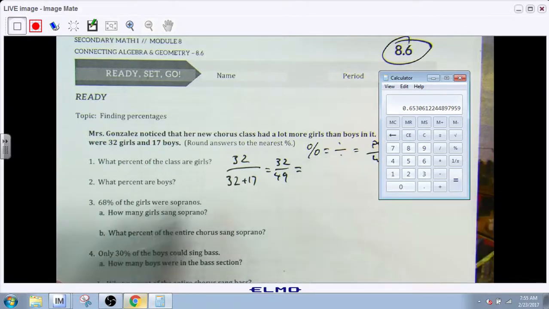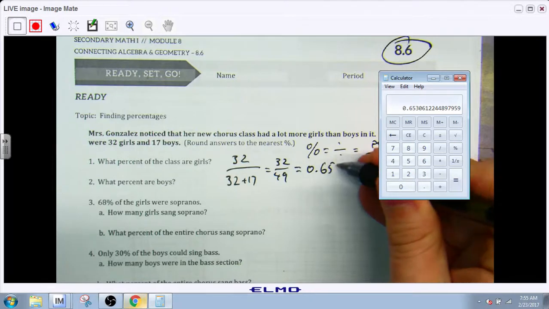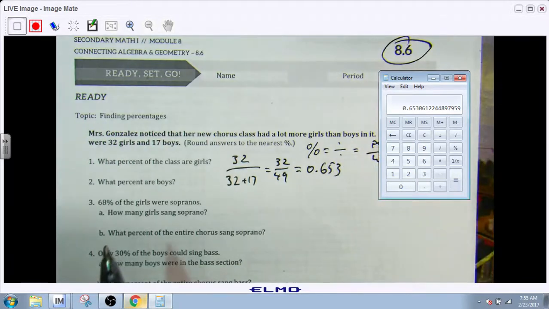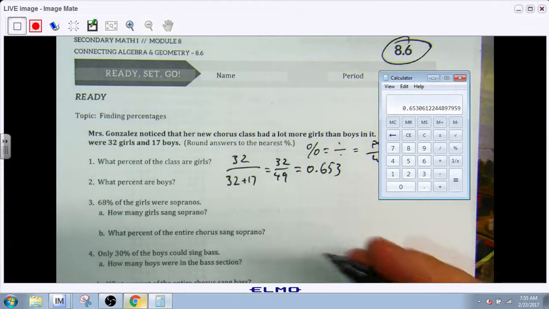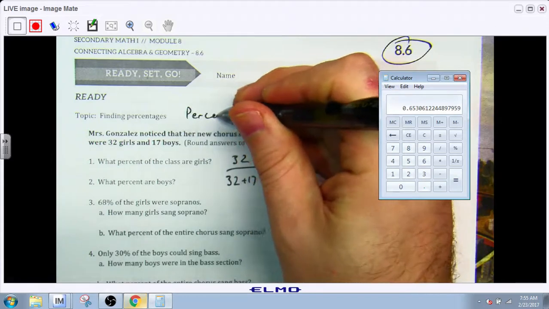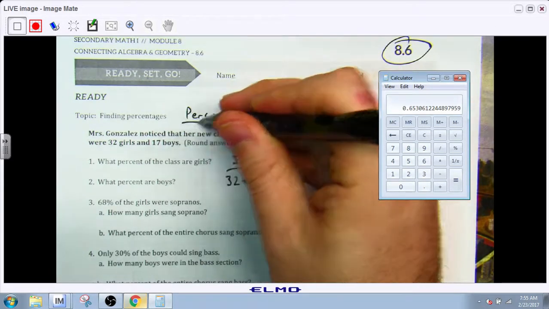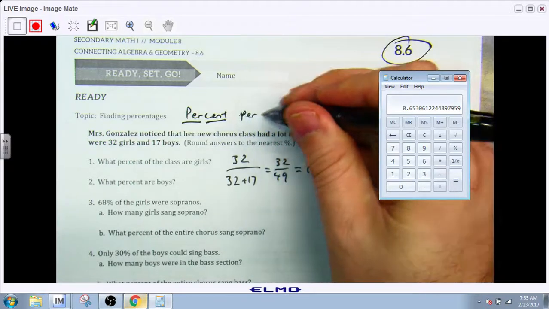So what I'll write here is 0.653, but then when I want to write this as a percentage, anytime we take a decimal and convert it into a percent, think about what percent means. Even the word per cent is per cent, right? And cent means 100, so per 100.